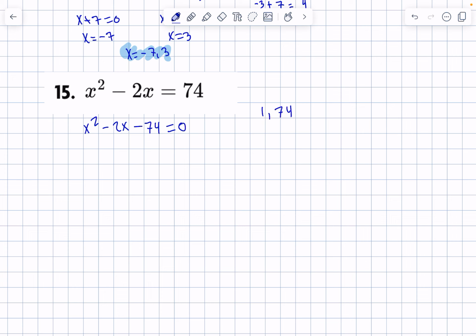1 and 74, 2 and 37, 3 doesn't work, 4 doesn't work, 5 doesn't work, 6 doesn't work, 7 doesn't work, 8 doesn't work, 9 doesn't work, 10 doesn't work, 11, 12, 13, 14, 15, 16, 17, 18, and 19 don't work either.